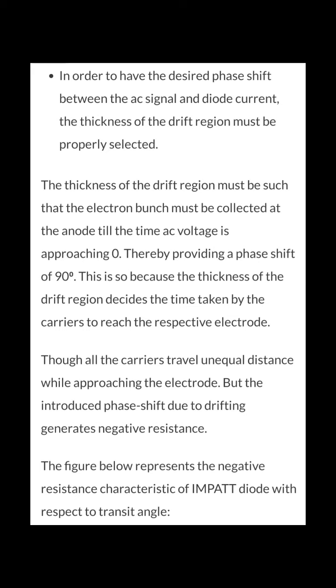Though all the carriers travel unequal distances while approaching the electrode, the introduced phase shift due to drifting generates a negative resistance. The figure below represents the negative resistance characteristics of the impact diode with respect to transit angle.